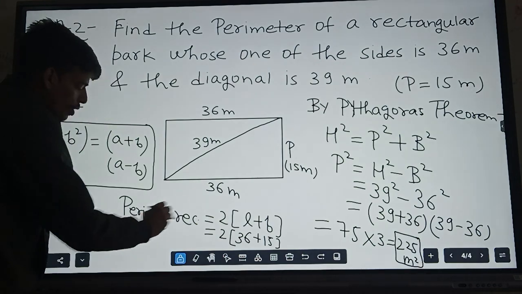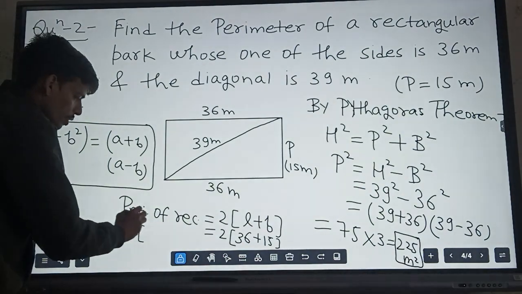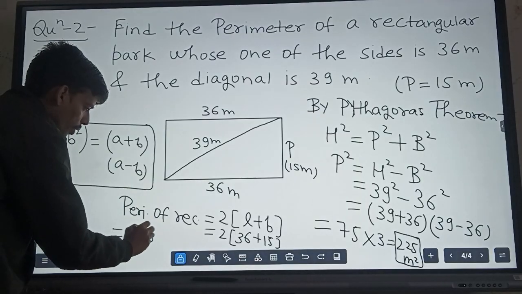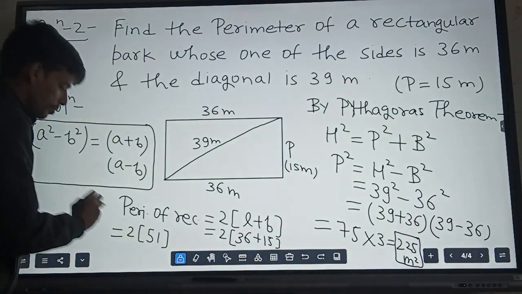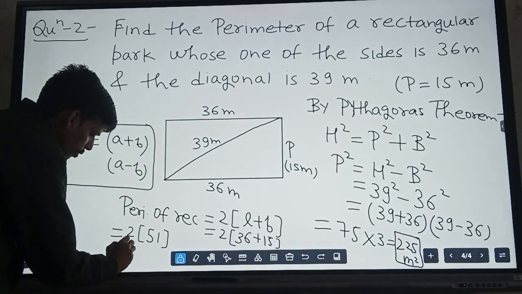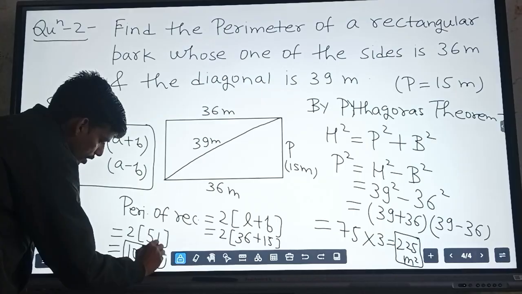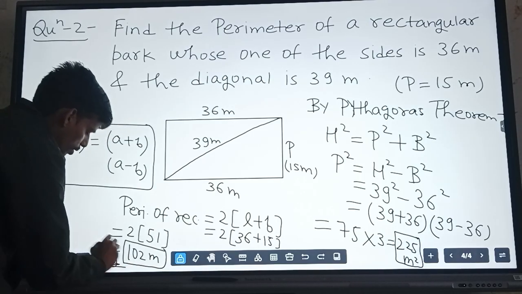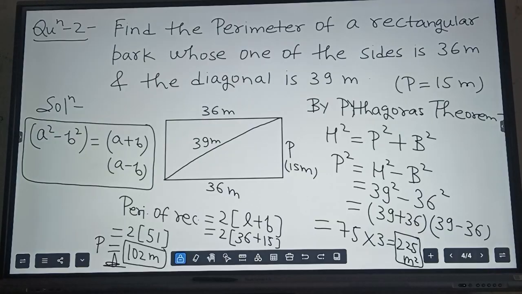Now 2 into 36 plus 15 equal to 51. So it is equal to 102 meter. It is our answer. Perimeter equal to 102 meter. It is our final answer.